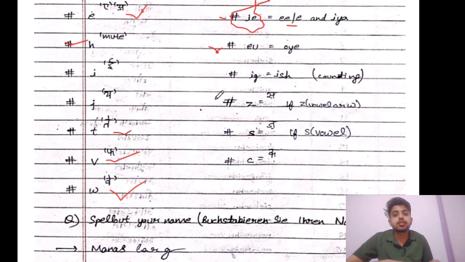And that's Z, which is pronounced as S, as I told you before. S is pronounced as Sh.